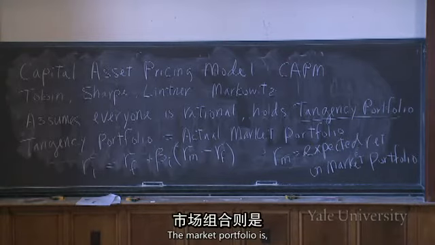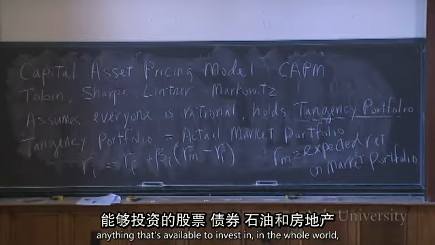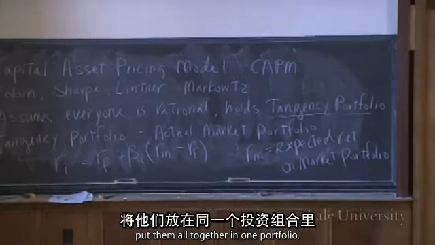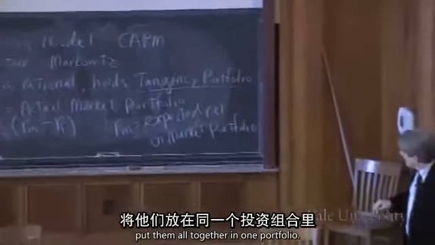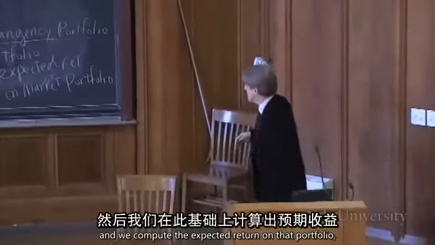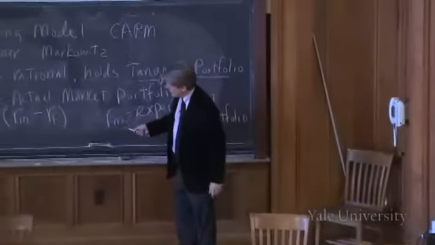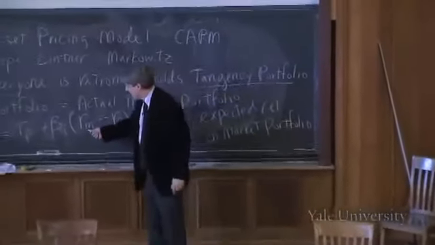The market portfolio is if you took all the stocks and bonds and oil and real estate, anything that's available to invest in the whole world, put them all together in one portfolio. It's the world portfolio. It's everything. And we compute the expected return on that portfolio. That's R sub m. Okay?